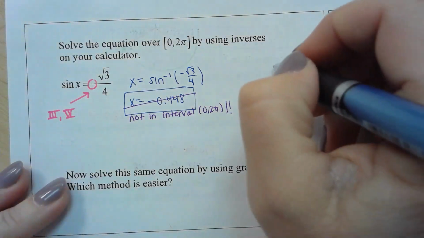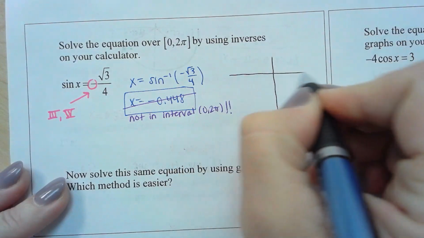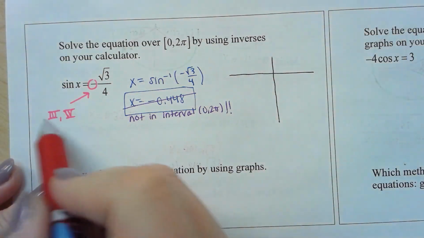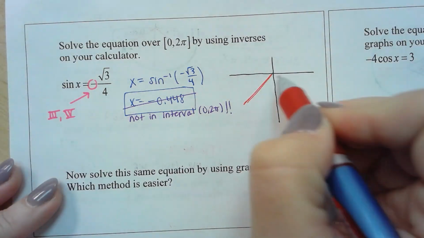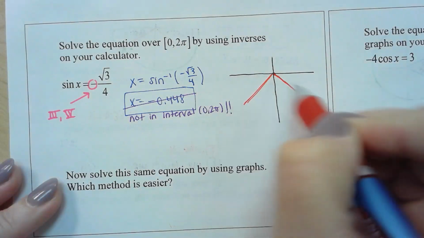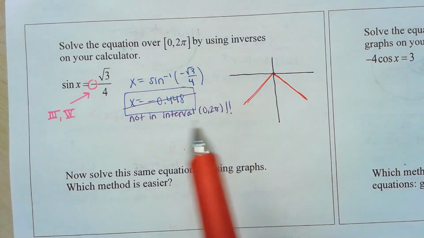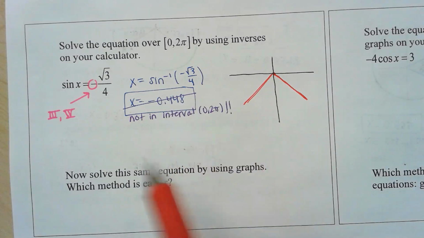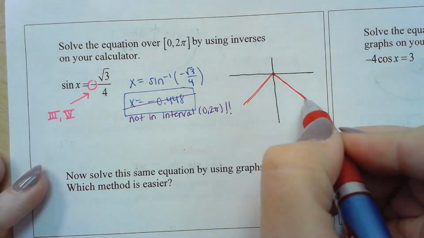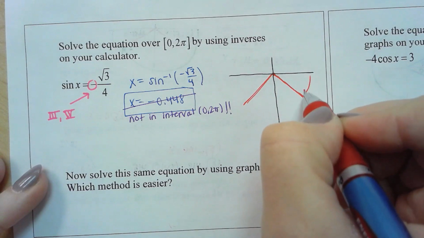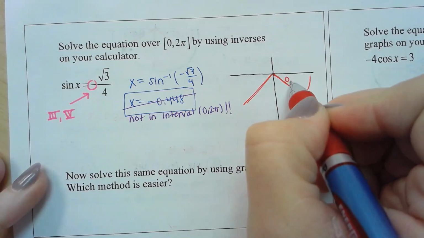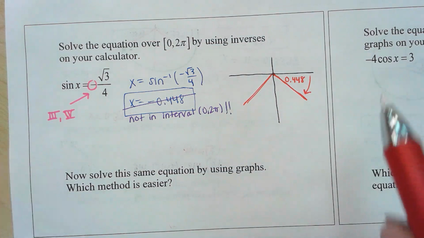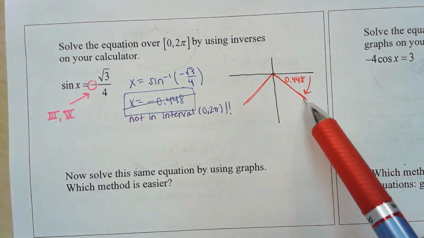Let's draw a picture. I'm going to draw it right in here. We know that we should have answers in quadrants 3 and 4, so I'm just going to draw two angles and make them look symmetric. Now, the calculator's not dumb. It gave us information that's going to be useful, but it gave us the angle in quadrant 4 by dropping down into quadrant 4, right? So a negative angle says go down first.